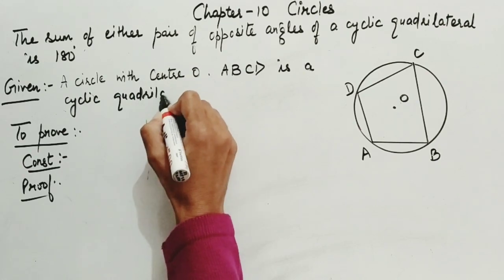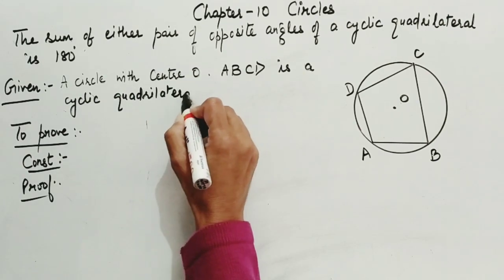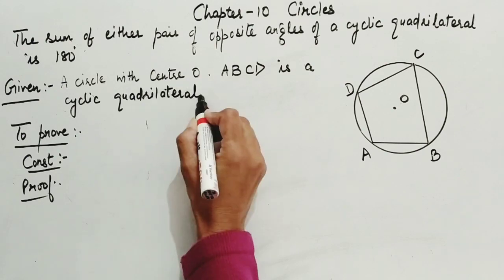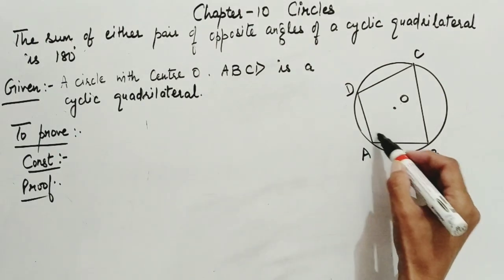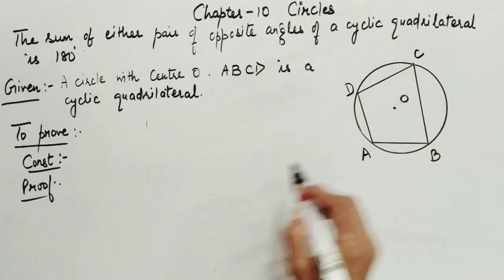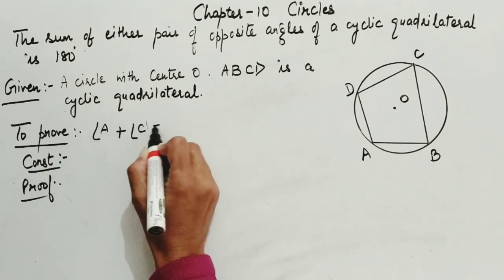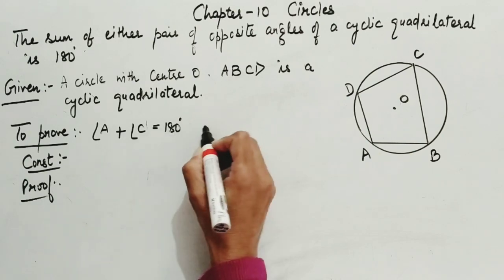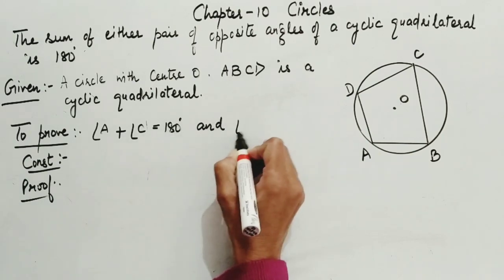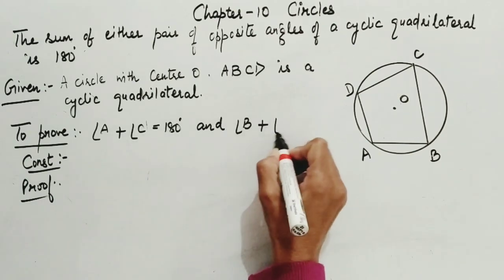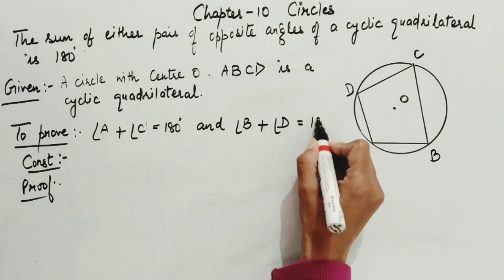And what are we asked to prove? The sum of either pair of opposite angles. It means A and C are opposite, so we should be able to prove that A and C add up to 180 degrees, and so would be the case for the other pair, which is B and D.